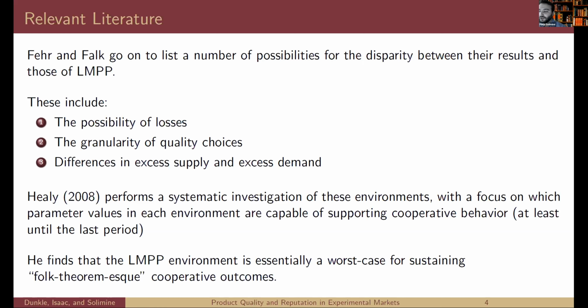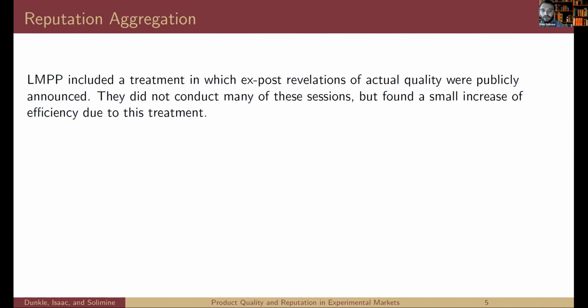So for this reason, what we wanted to do was build off of this LMPP environment with some more modern solutions to see what really will work and what won't, and test the degree to which these things are effective. And to that end, I'll talk a little bit about reputation aggregation. So Lynch-Miller-Plott and Porter included a treatment in which ex post revelations of actual quality were publicly announced. They did not conduct very many of these sessions, but they did find a small increase in efficiency due to the treatment.